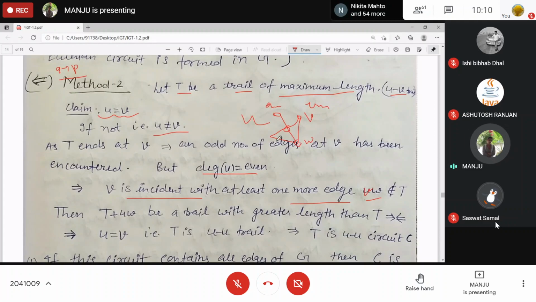We have already taken T as the maximum length trail up to V. You are not saying this is a U to W trail; U to V we have considered.